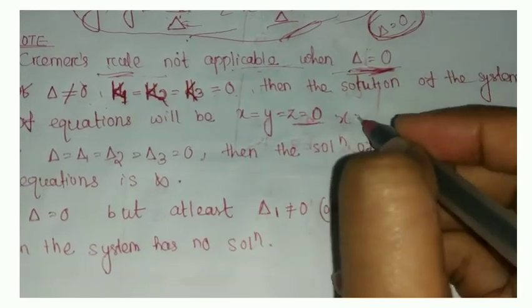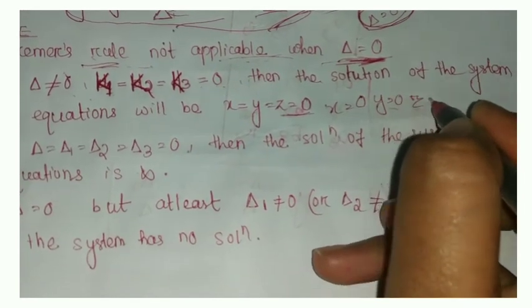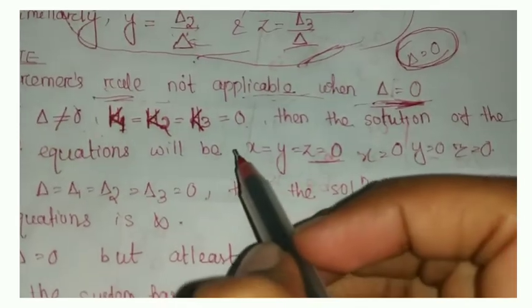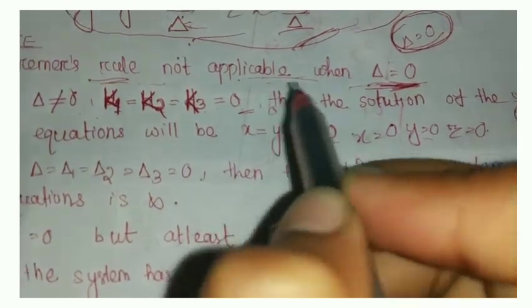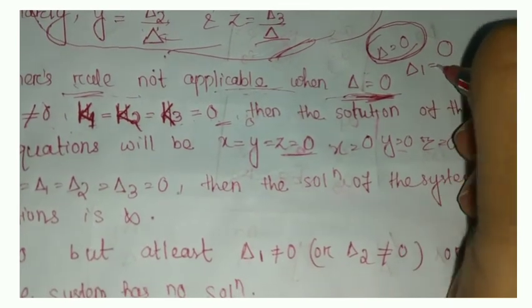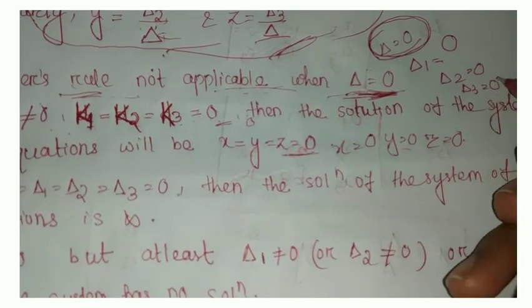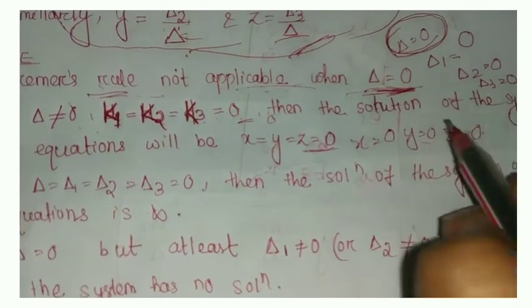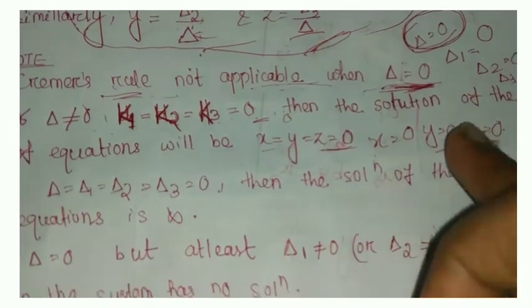That means x is equal to 0 and y is equal to 0 and z is equal to 0. Here if k1, k2, k3 are equal to 0, then del 1 also is equal to 0, del 2 also is equal to 0 and del 3 is equal to 0. So we get the solution x, y and z equal to 0.